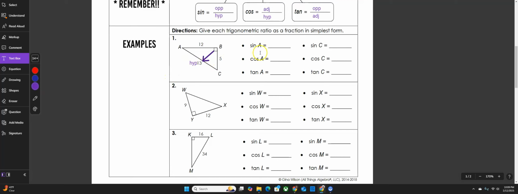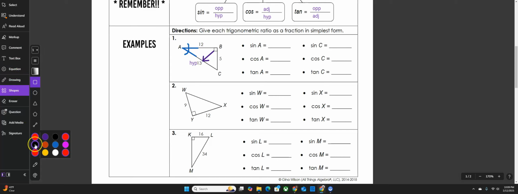Now I want to focus on angle A to start. So the first thing I'm going to do is highlight angle A by tracing it, maybe doing the arc mark. You do not have to do both. You can do either. And then I am going to go ahead and cover angle C so that it is not distracting me.